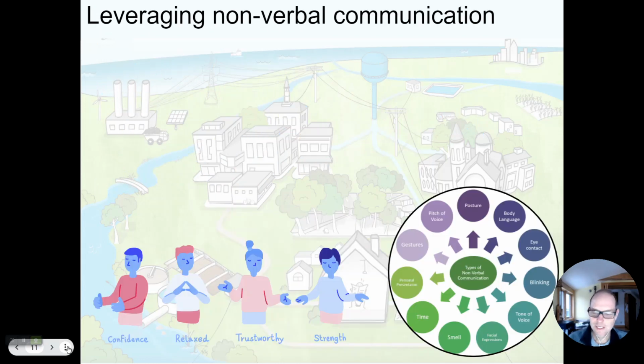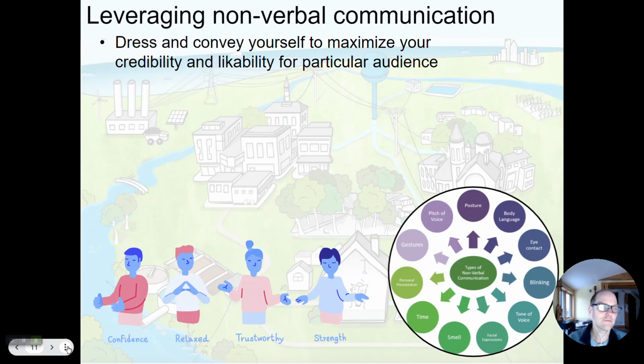Now, I've already kind of stressed the importance of visuals. What you do physically with your body is also an important visual component of presentation. And part of that is about dressing in a way that conveys yourself professionally and maximizes your credibility to your audience.